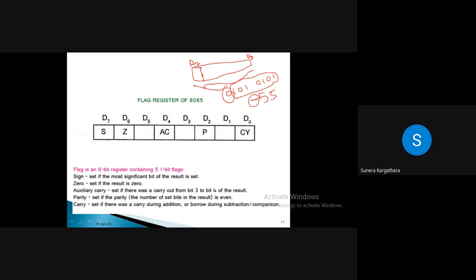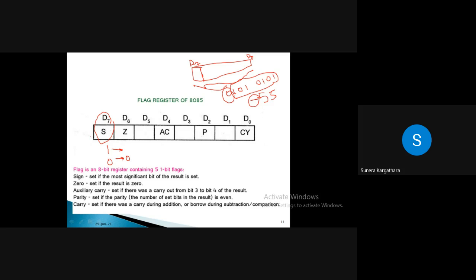Yes, ma'am. Right? So generally this concept you had already learned in your digital electronics subject. Now what I'm trying to tell you is, whenever you are adding two numbers or subtracting two numbers and you are considering those numbers as signed, you need to consider the D7 bit of the flag register. If your number is negative, this bit is 1. For a negative number, the sign bit is 1. For a positive number, the sign bit is 0.